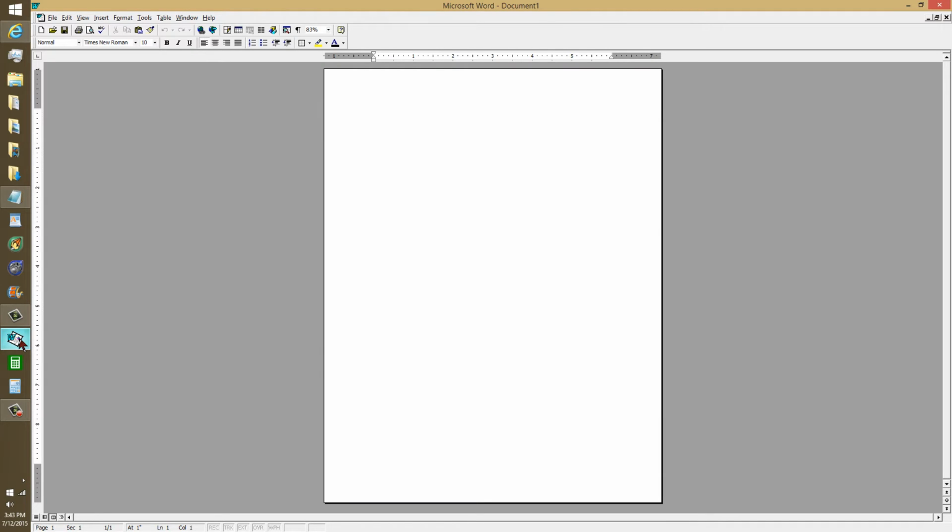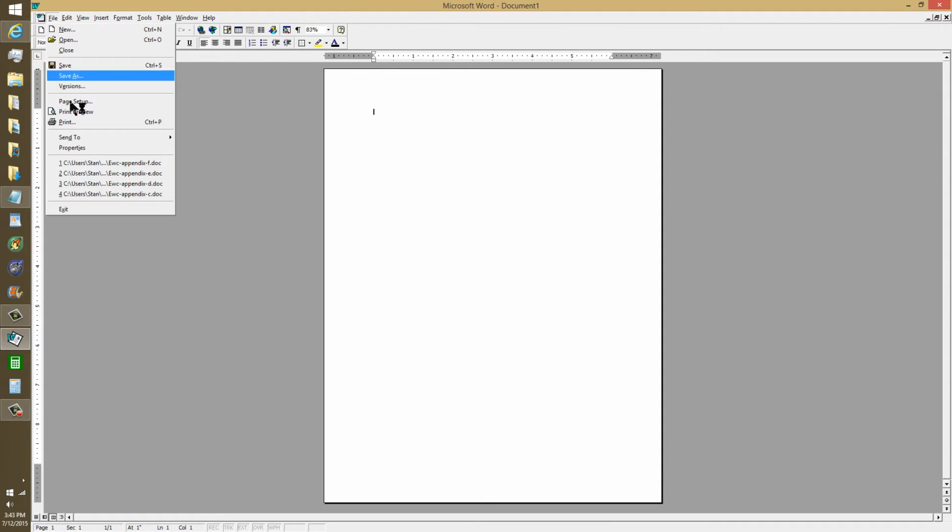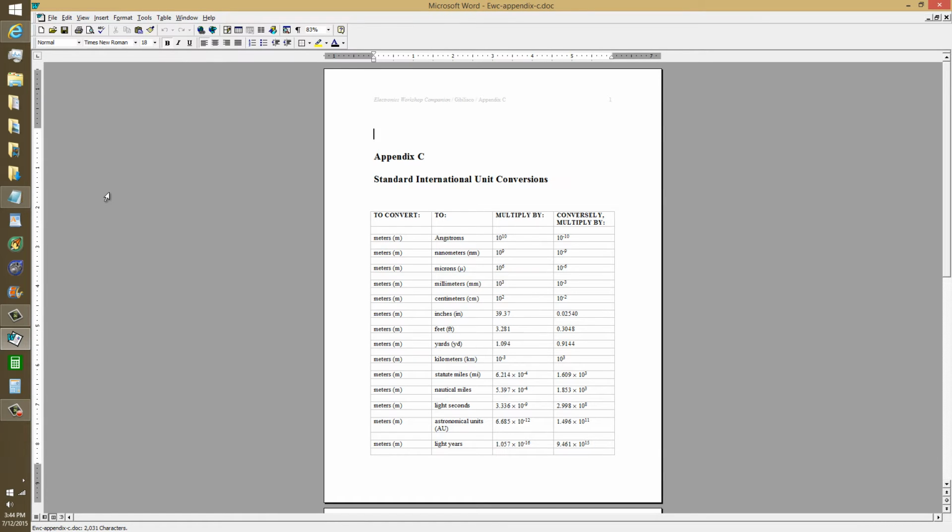But what I'm going to do now is simply go to Microsoft Word, and in that program I have saved Appendix C, D, E, and F from the original manuscript of that book. Appendix C, Standard International Unit Conversions. Well, converters if you want it to do the work for you, but all you've got to do to convert, say, meters to angstrom units is multiply by 10 to the 10th.